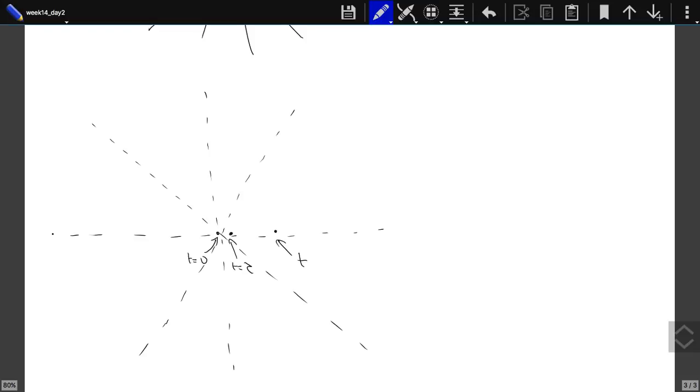This is how they look at the time t equal to 0. Let me just imagine such a sphere around it, and the radius of this sphere, let's call it r. And r is equal to c times t.